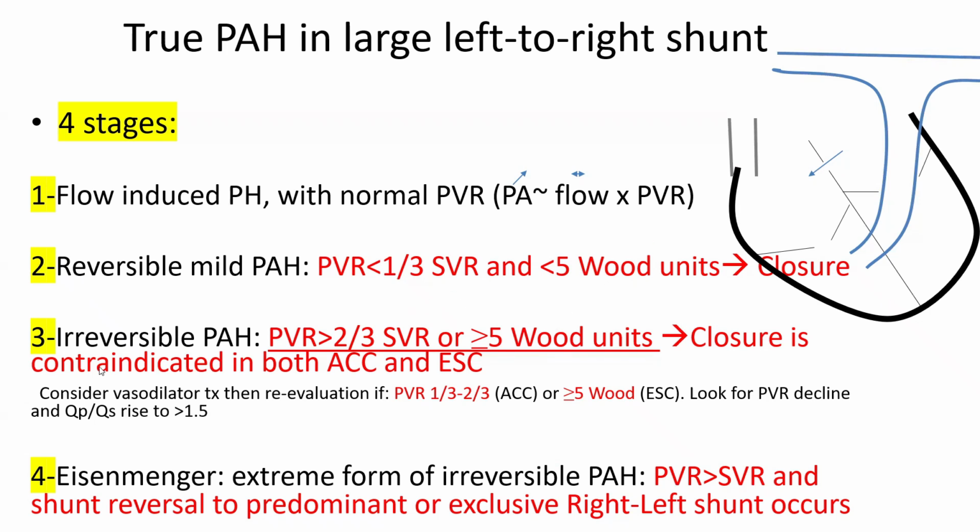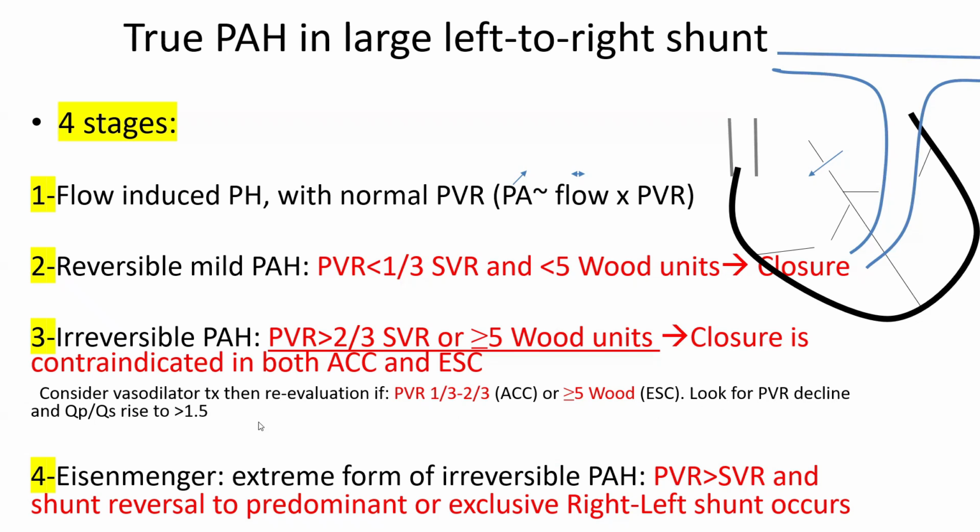Then later on with time, you get the irreversible PAH, where PVR becomes more than 2/3 of SVR or more than 5 Wood units. In this case, closure is contraindicated in both the ACC and ESC guidelines. If the PVR is in between, like between 1/3 and 2/3, or maybe if the PVR is barely above 5 Wood units based on the ESC, you can consider giving the patient vasodilator therapy and re-evaluating his PVR.